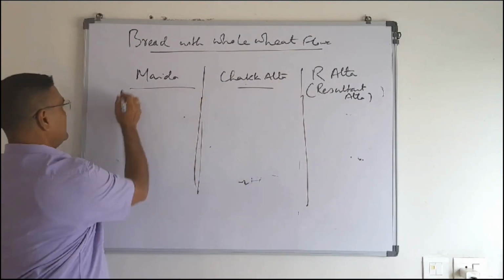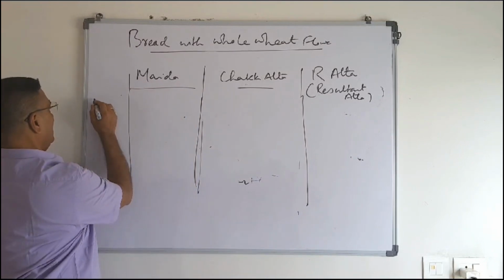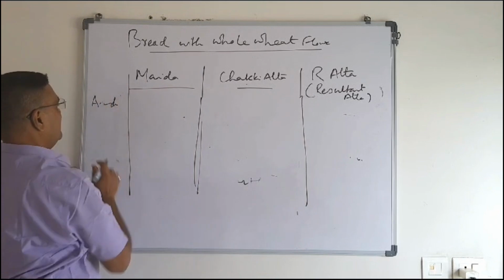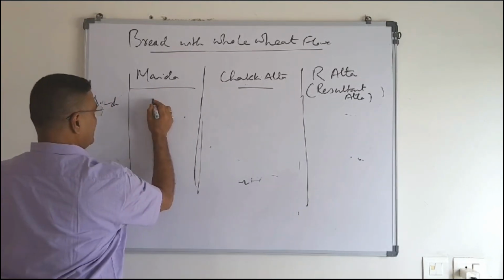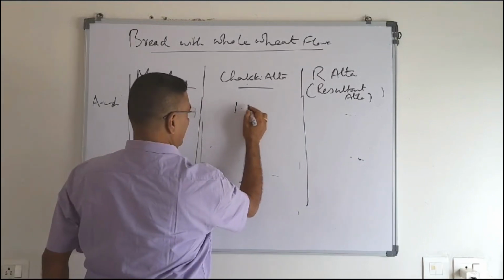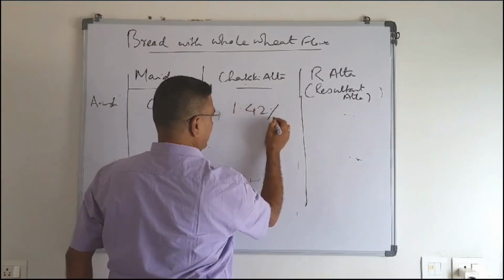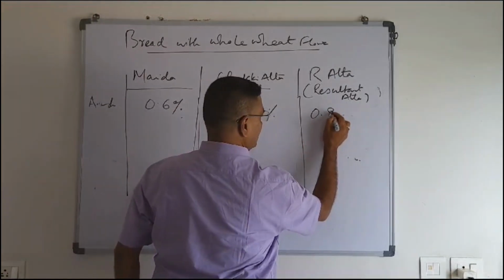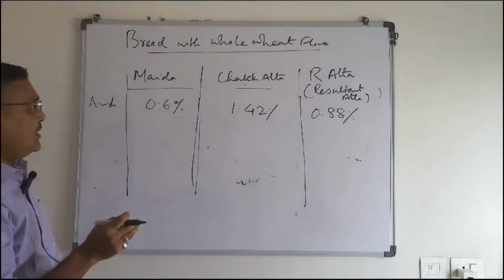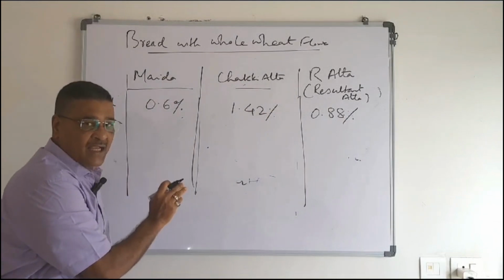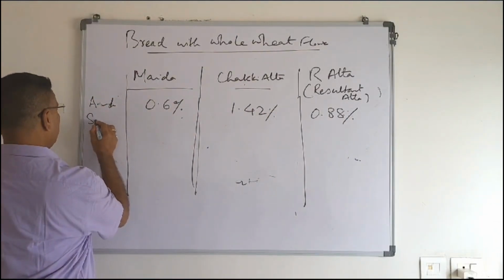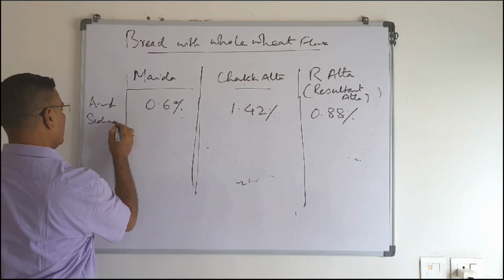Bran is denoted by the ash content. So this is, let's say, 0.6%. This will be around 1.42%. This will be approximately 0.88%. That means lower quantity of ash is better for bread baking. Next is the sedimentation value.